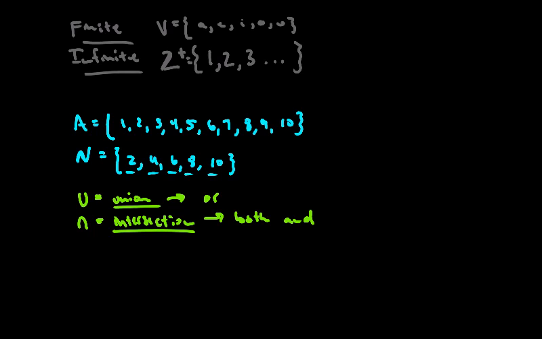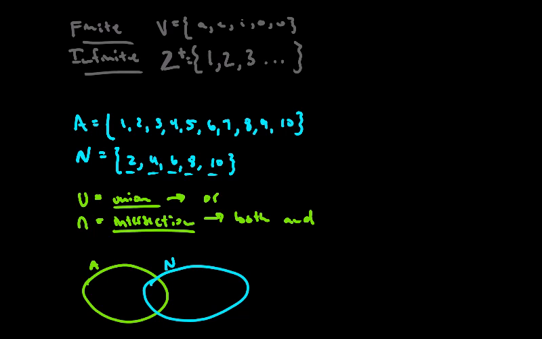Well, what would this look like? Again, let's do set A here, and let's draw it a little bit differently this time, and then set N here. Let me put this one in different colors so it's a little more obvious. So here's set N. Let's start in the center, this small football shape.